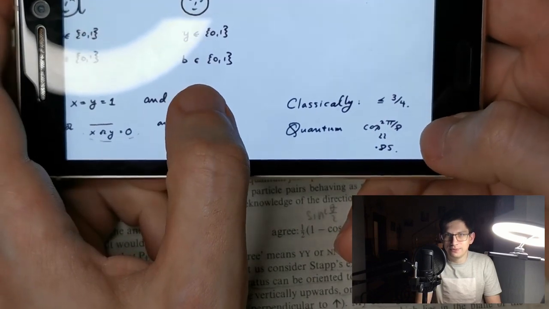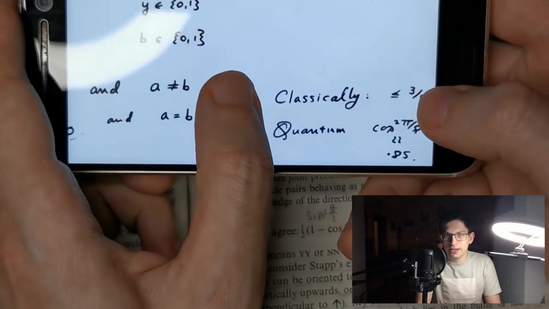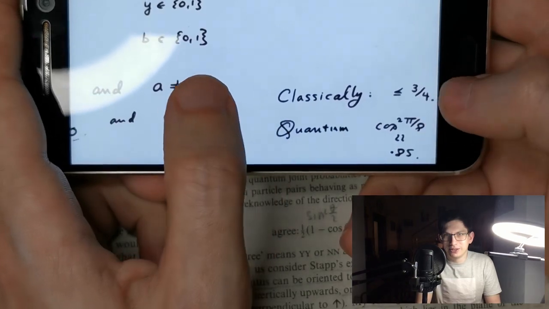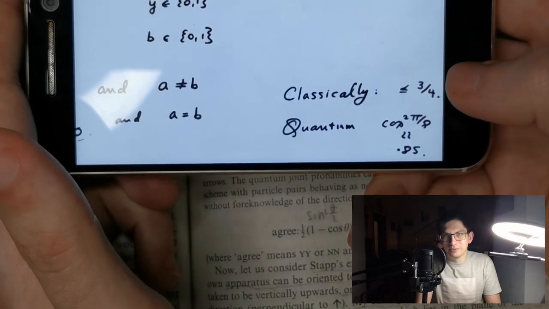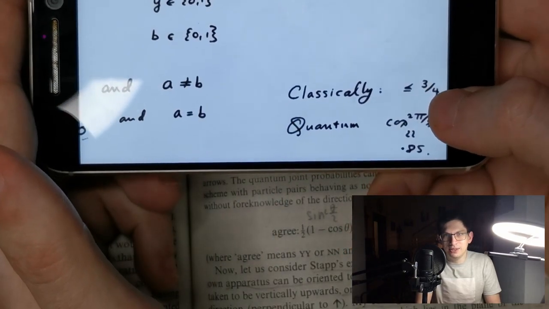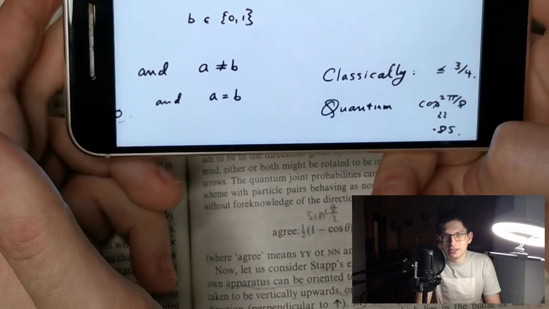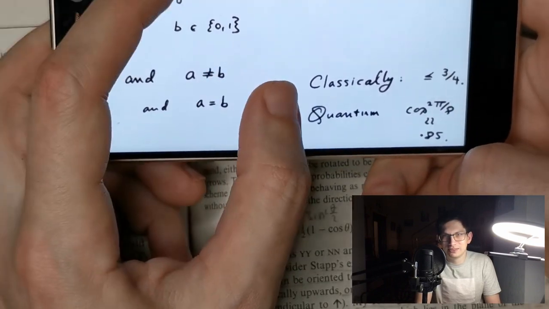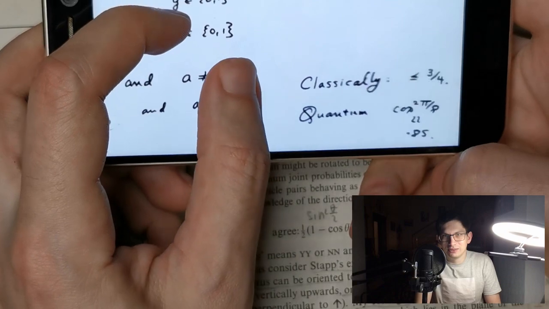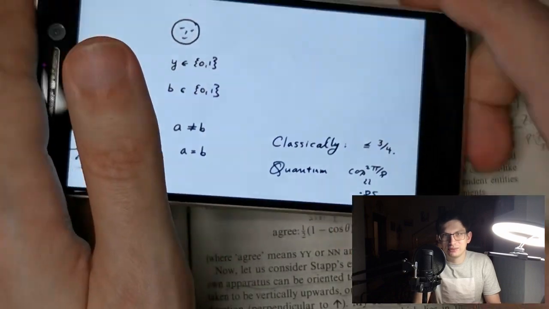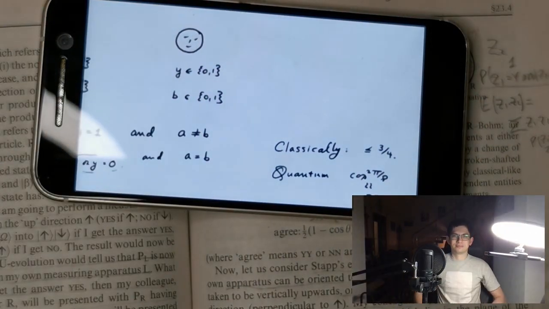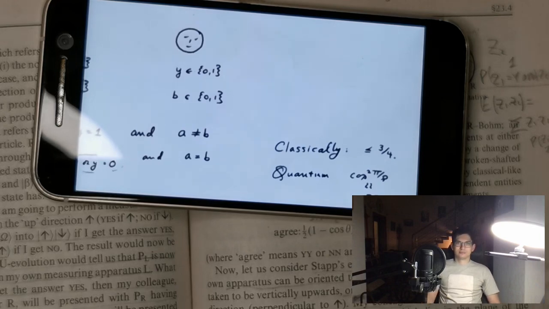Then you have some kind of weird correlation happening, which beats the optimal classical strategy here. It kind of means that Alice and Bob's particles can communicate with each other and decide what to show in the experiment.